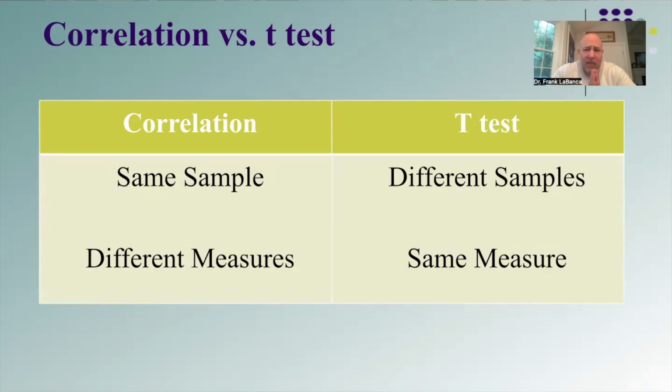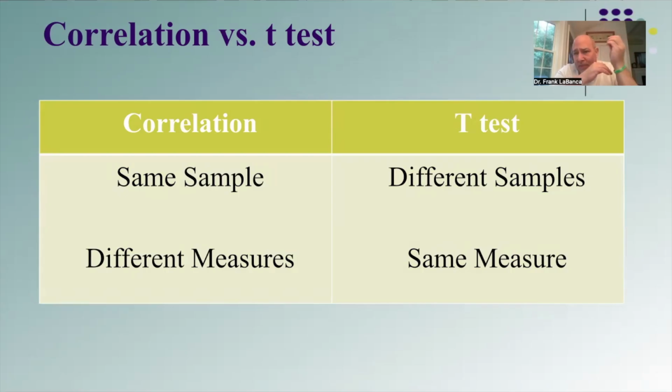Now, this is really key because I think a lot of times people confuse the t-test and the correlation with one another. So correlation, you're always taking from the same sample, but you're taking something with two different measures. So where we have logical analytical thinking, IQ, and creativity.